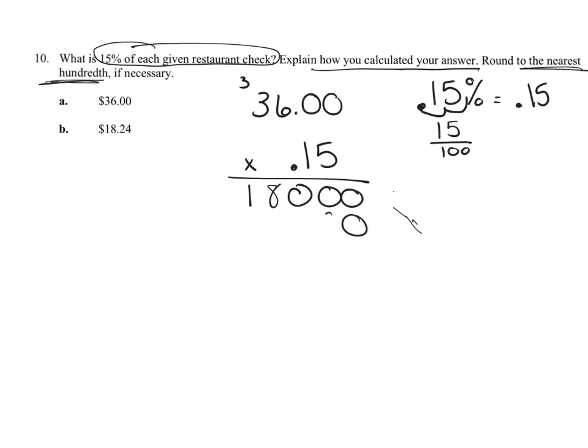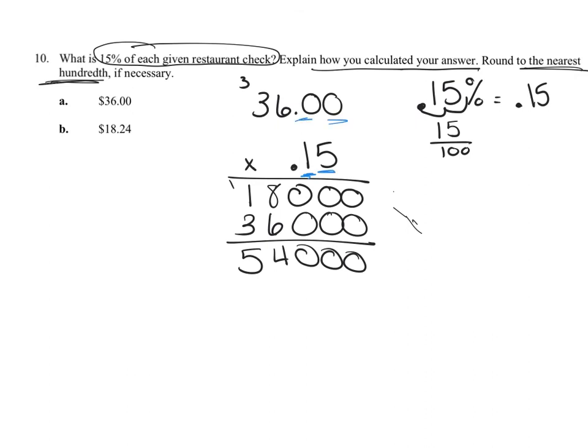And then drop the zeros again. 1 times 6 is 6, 1 times 3 is 3. Zeros, 8 plus 6 is 14, carry that 1, gives me 5. You have 4 places behind the decimal, so you should have 4 places behind the decimal in the answer. So that would round to $5.40 because we're talking about money.